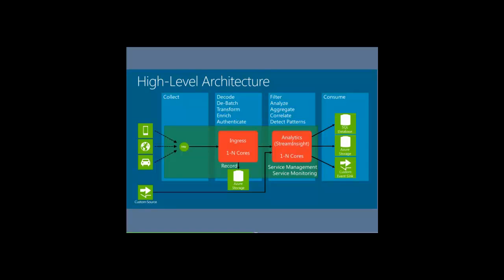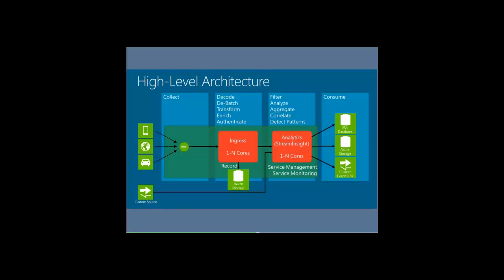For instance, enrich them with geolocation data. A typical thing that could happen on the ingress stage is to take the client IP address and translate that into an actual geolocation and put that into the events as an enriched event format.